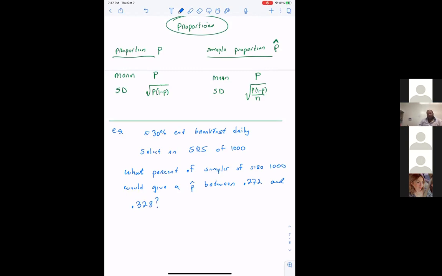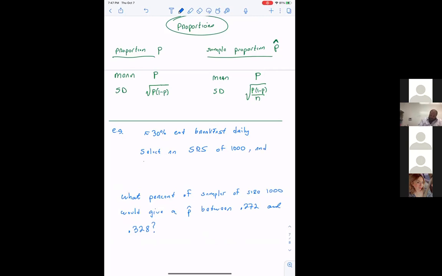So select an SRS of 1,000 and do this lots of times. Select an SRS of 1,000, calculate your P hat. What proportion in that sample eat breakfast? Do another SRS of 1,000, calculate your P hat. Keep doing it over and over again. What percent of your P hats are going to be between 0.272 and 0.328? That's the question.